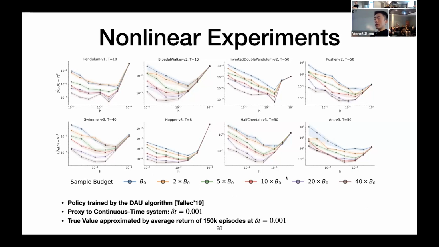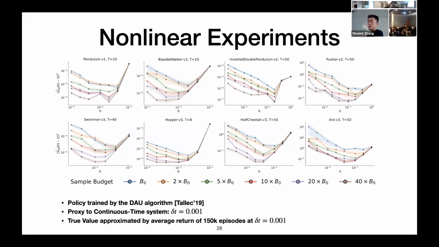We're going to get to that on the next slide, but note that the MSE is quite visible. Some details on how we did it: it's a policy that's trained by some algorithm that works well for different time steps, and we have to have a proxy for the continuous time system.